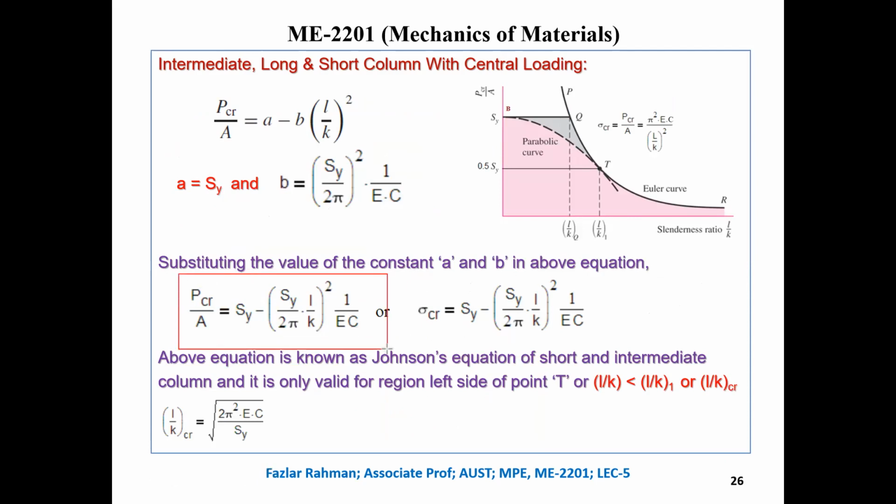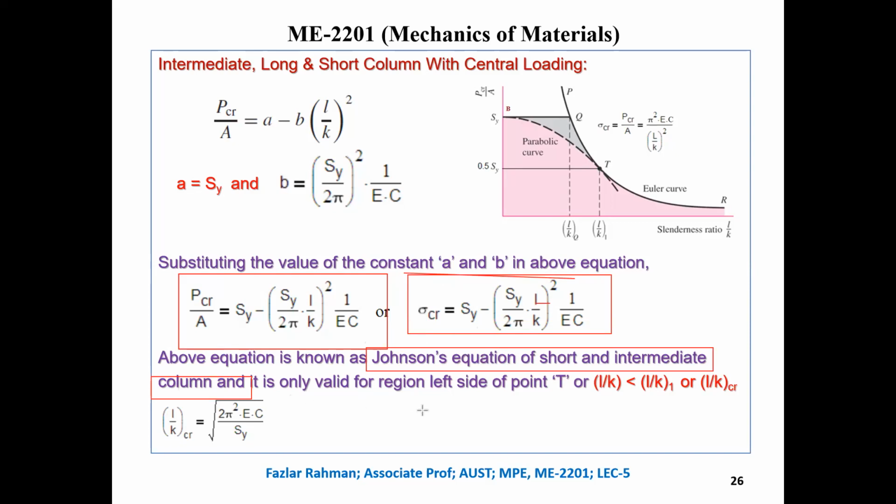This one is L by K. And if you rearrange it, then it becomes this equation. This above equation is known as the Johnson equation of short and intermediate columns.